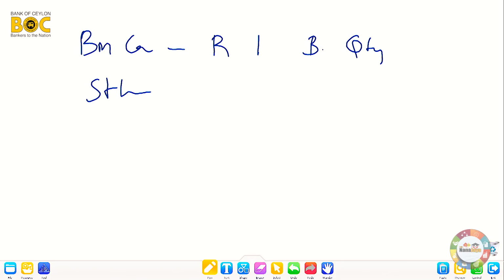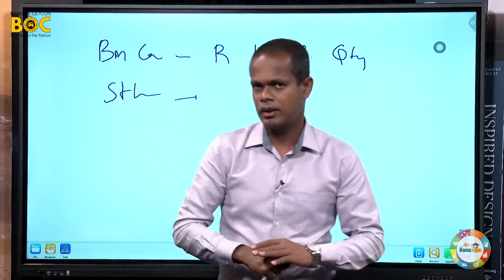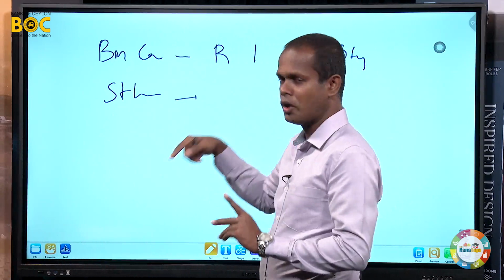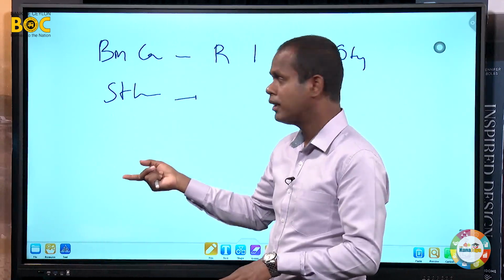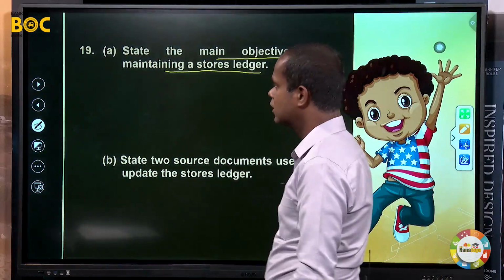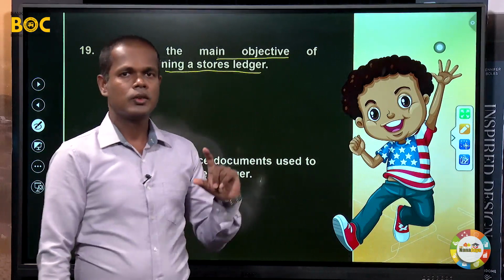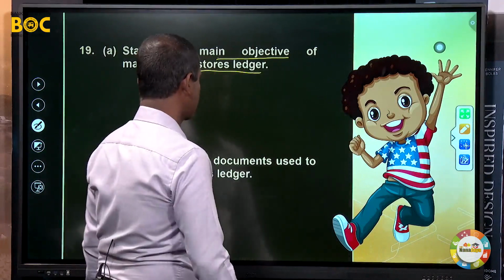In the stores ledger you have received quantity and value, issued quantity and value, balance quantity and value. Then what is the purpose of maintaining the stores ledger? The purpose is to identify the stock value.